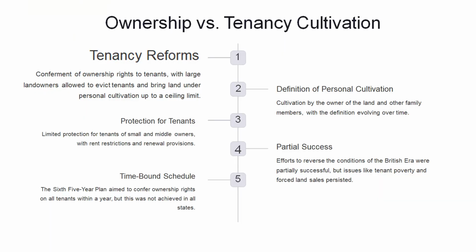In the third 5-year plan, the final goal was fixed on conferring rights of ownership to as many tenants as possible. The policy suggested that the state should study the problem and determine the suitable action in light of prevailing conditions.